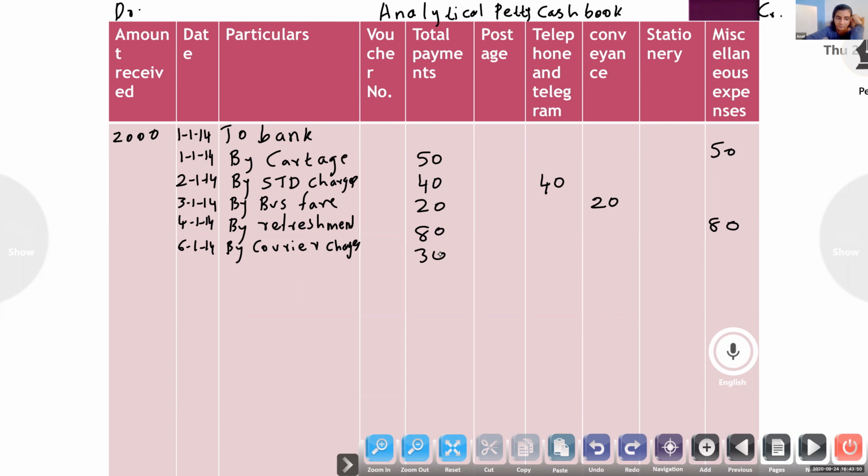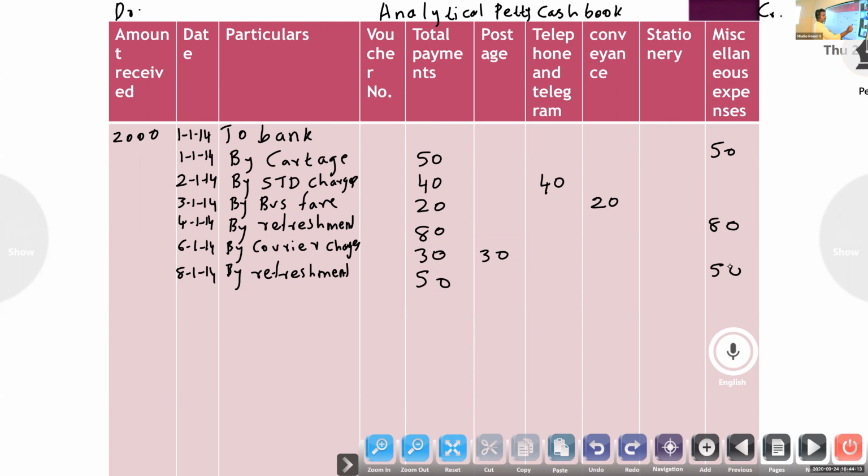Okay, postage. Next, 8, refreshment 50, already one is over.